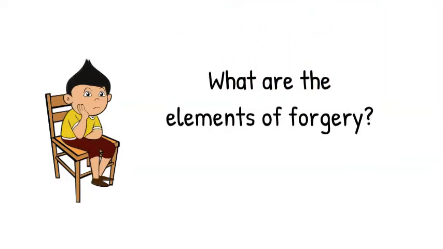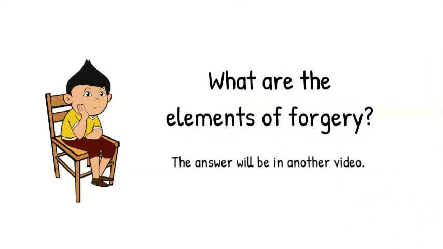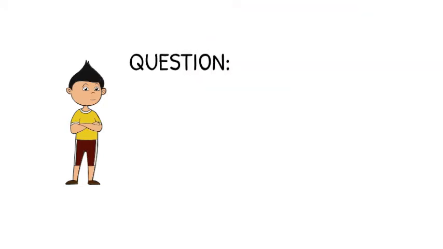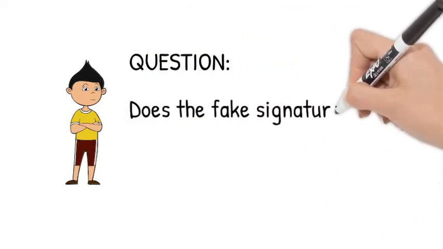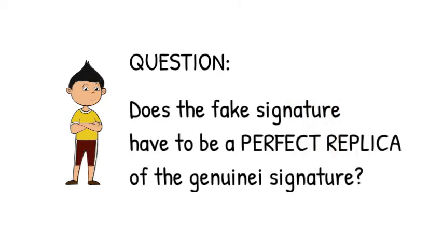I have been talking about this since the first video. I will not answer this question now, but I promise that I will dedicate one video in this series solely to the discussion of the elements of forgery. There is one question that is very common when it comes to the act of imitating a signature, and that question is this: does a fake signature have to be a perfect replica of the genuine one?